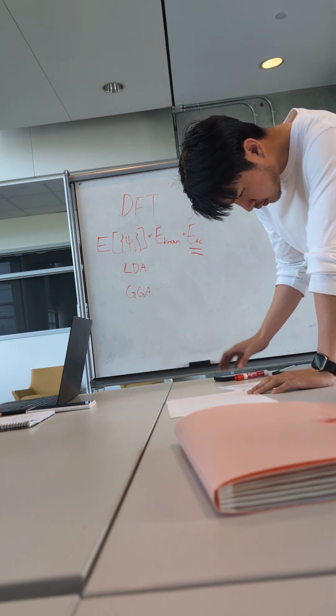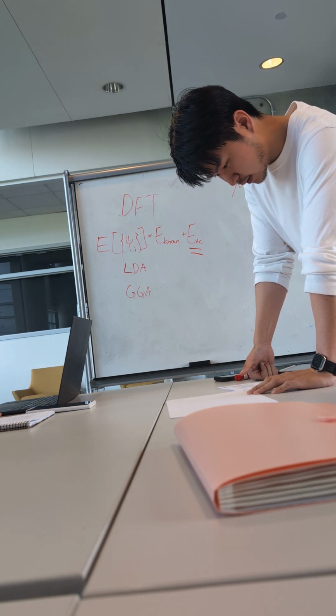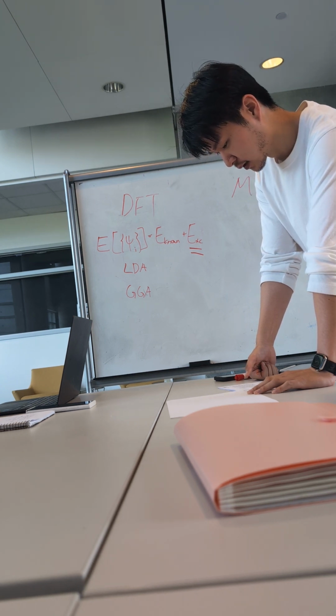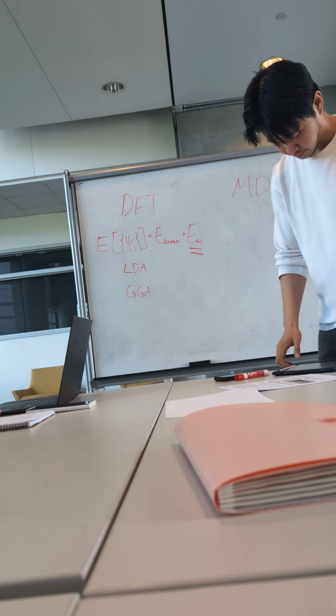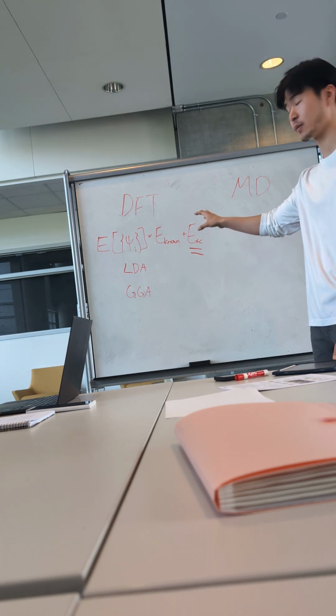I think it's along the same lines. That's something kind of different, but yeah, that's between the functional layer and zinc. Okay, so DFT, that's pretty much all the basics.